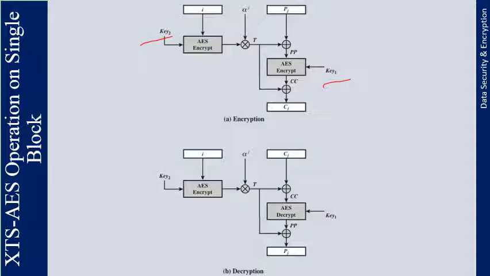The next component of this algorithm is the plaintext, referred to as P of j, and this is the jth block of the plaintext, and all blocks except possibly the final block have a length of 128 bits.